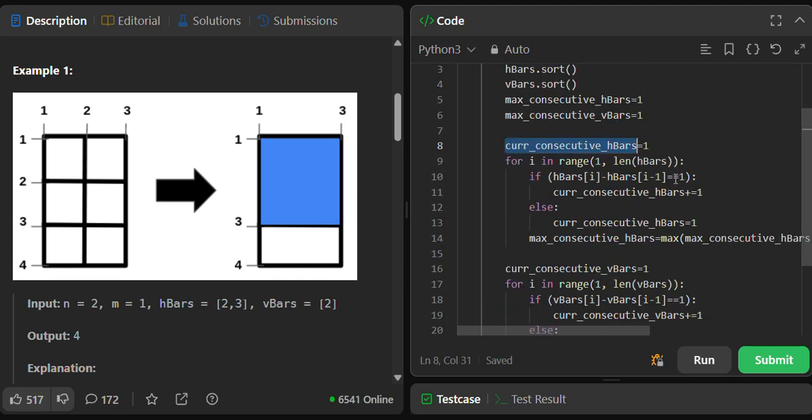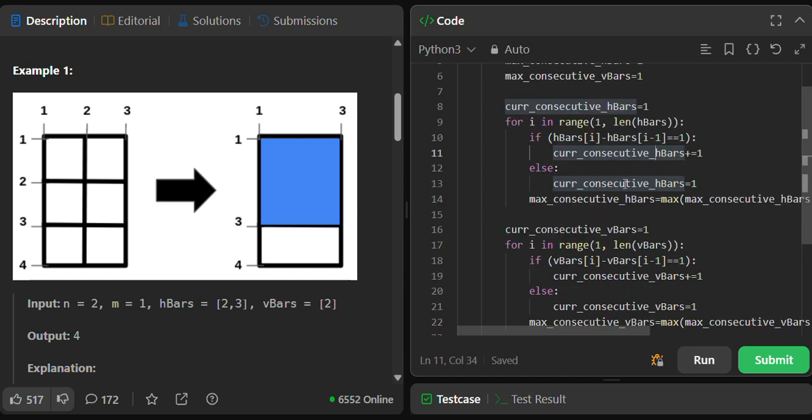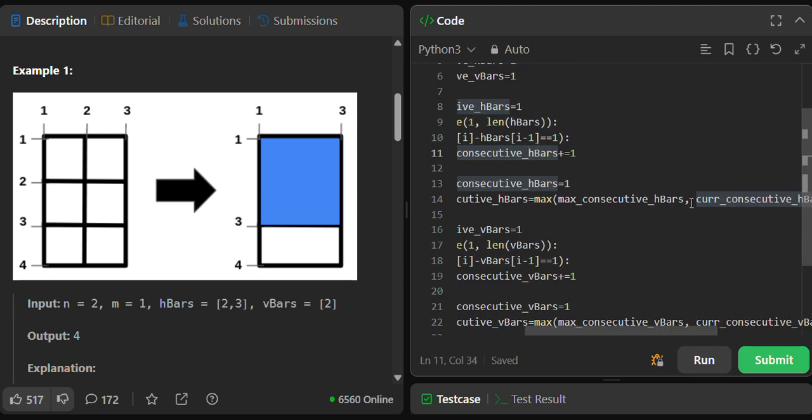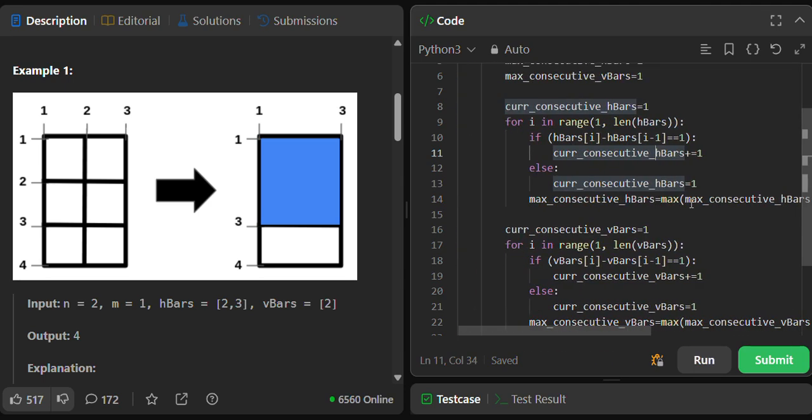Here if the difference is 1, that means they are consecutive H bars, so we increase by 1, and if not, then it will start a new sequence, and each time we find the maximum consecutive H bars.